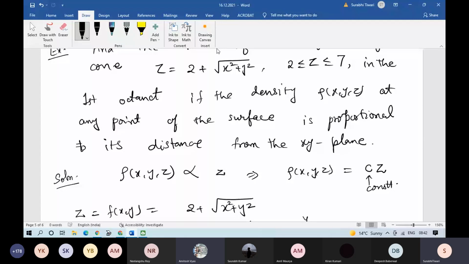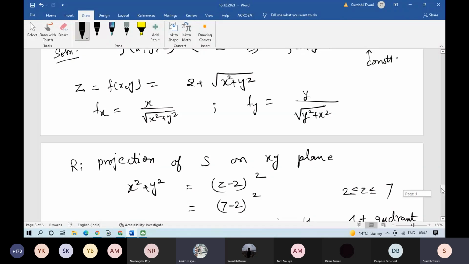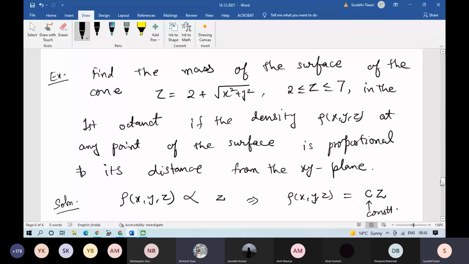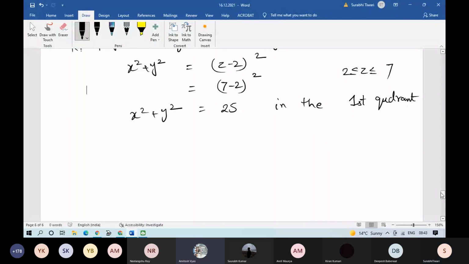You put the maximum value, z is equal to 7, तो ये आया. ठीक, and in the question it is given that you have to be in the first octant only. तो फर्स्ट ऑक्टेंट में हो जब 3D में, तो इसका प्रोजेक्शन जब आप xy प्लेन पे लोगे तो फर्स्ट क्वाड्रेंट पे आ जाओगे. स्पेलिंग सही करो.